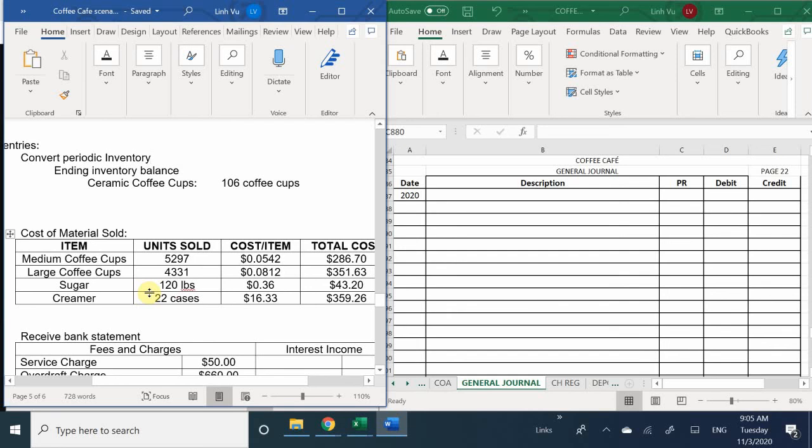So now we're calculating what we actually used or what we actually sold. So here's the costing per item, and I've already calculated the cost for you because, again, this is not our job to calculate. Our job is to just record. So how am I going to record this piece of information?